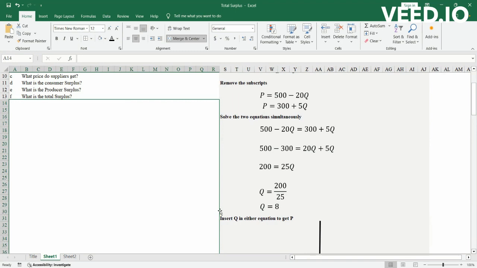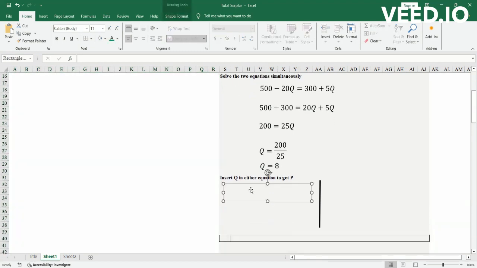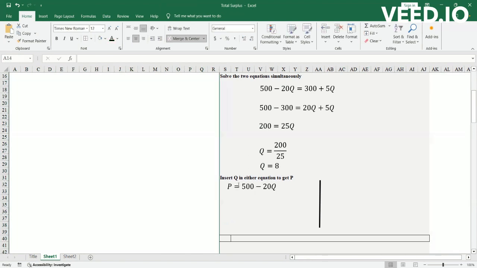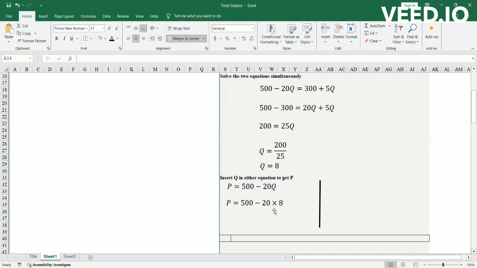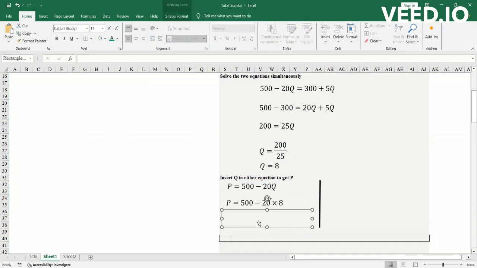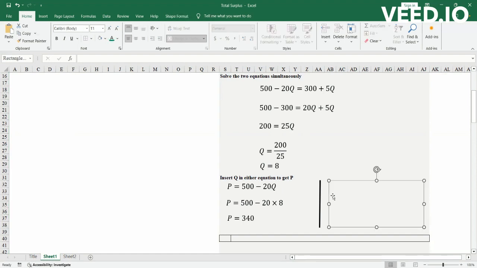Insert Q in either equation and get the price. Let's start by substituting into the consumer demand function. So price is equal to 500 minus 20Q. Substituting Q, we get 500 minus 20 times 8, and this reduces to P equals 340. I could have done the same thing with the supply curve.